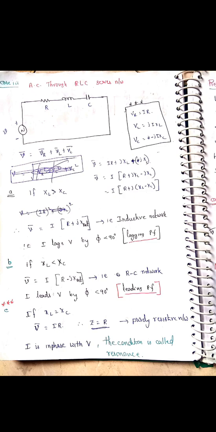The phase angle between those two is 0 degrees. In this condition we can say the network is in resonance.